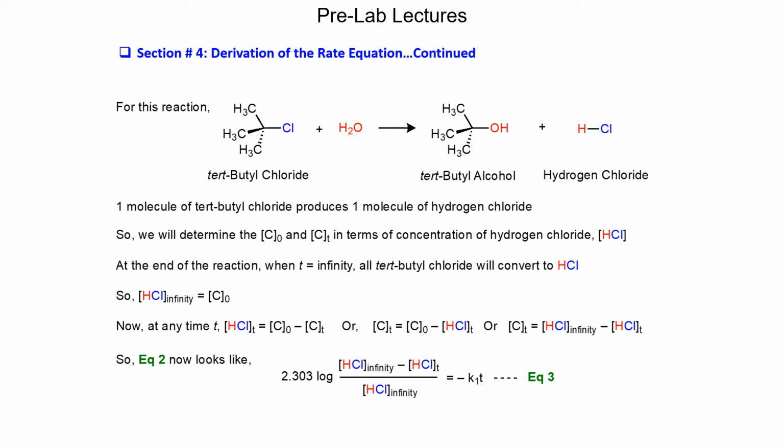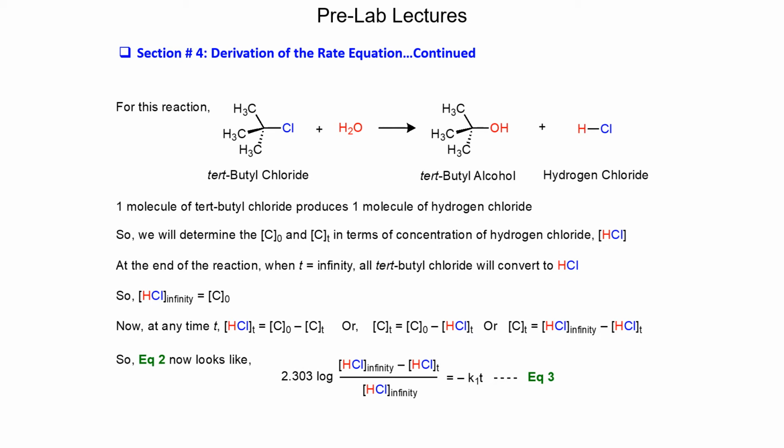So the thing is, when tert-butyl chloride disappears, at the same rate hydrogen chloride forms, which means we can determine the concentration of tert-butyl chloride by monitoring the concentration of hydrogen chloride.